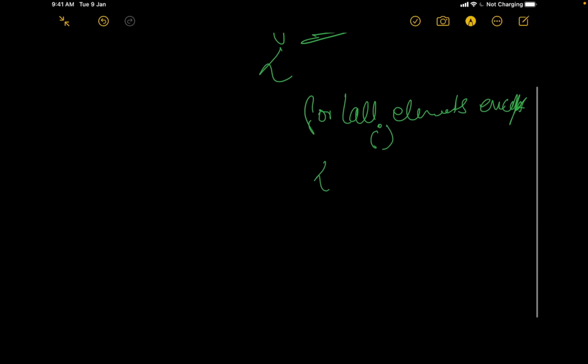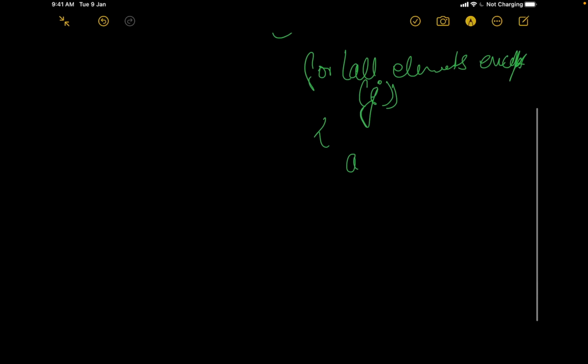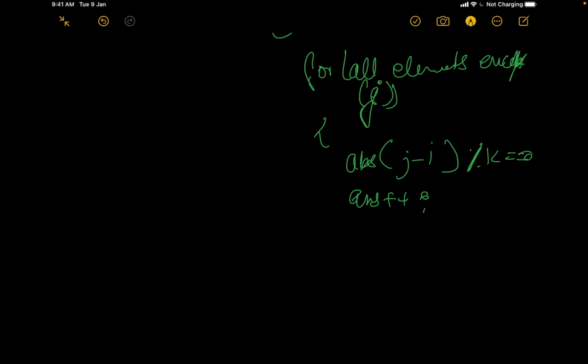Let's say this outer loop represents the ith element, the inner loop represents the jth element. If the absolute difference of j minus i or i minus j, whatever, absolute would remain the same, mod k is equal to 0, then I need to increment my answer. At the end I'll return my answer.